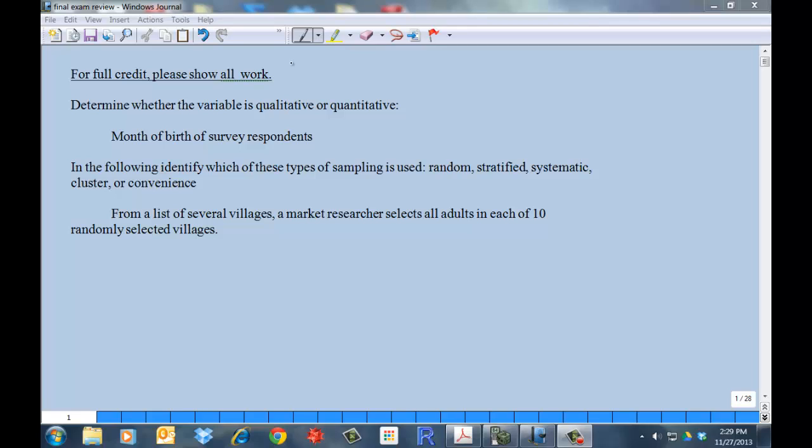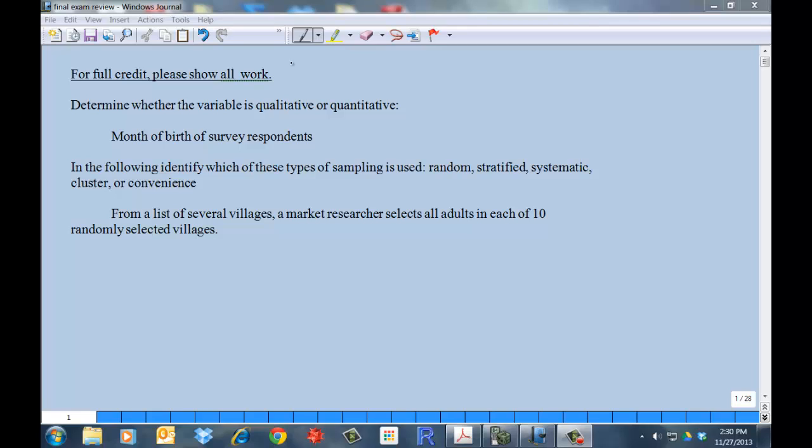Things like weight, temperature, height, amount of liquid in a 2 liter of cola. And qualitative variables typically deal with categories. And I think I told you guys that another word that you can use for qualitative is categorical, the root word for categorical being category.